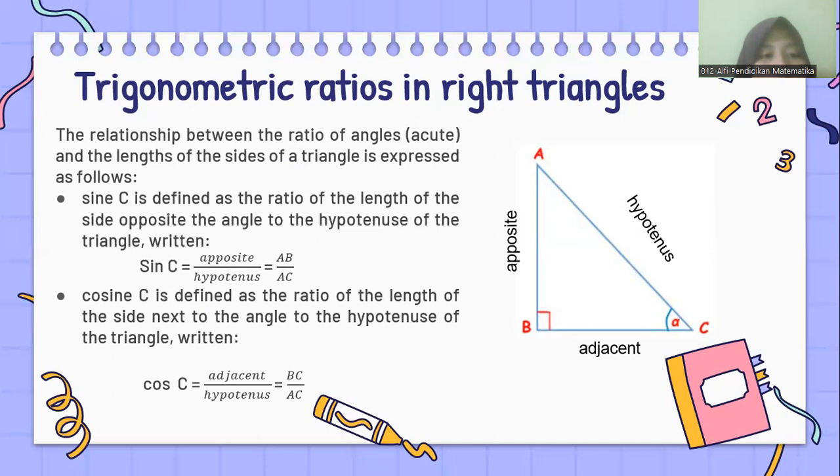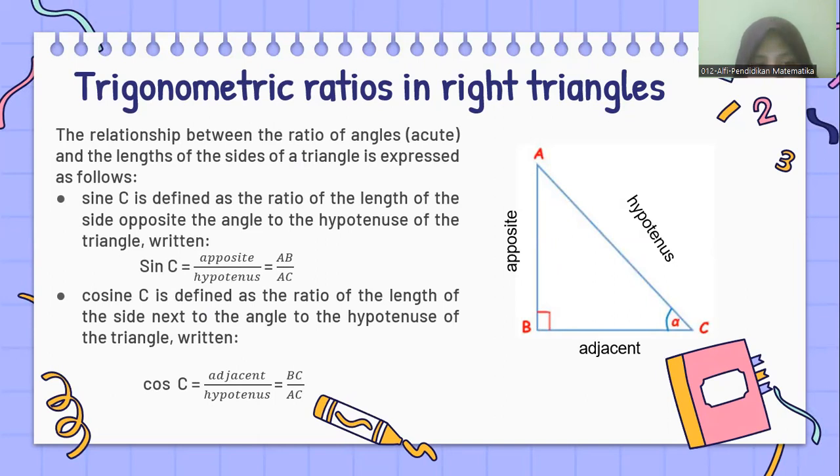Good. The relationship between the ratio of the angle and the length of the side of a triangle is expressed as follows. Sin C is defined as the ratio of the length of the side opposite the angle to the hypotenuse of the triangle.